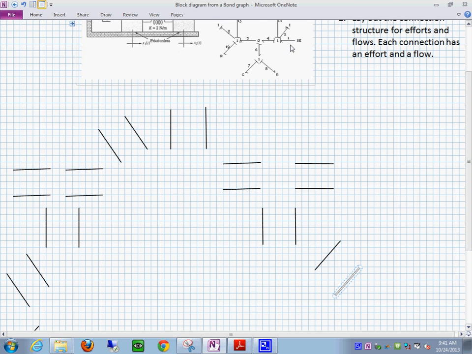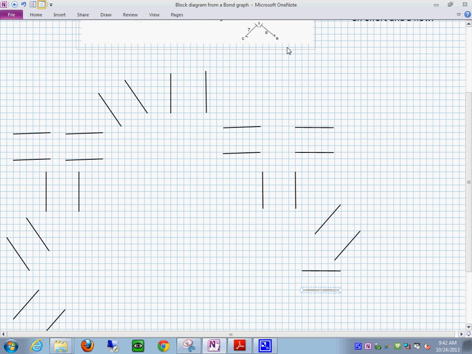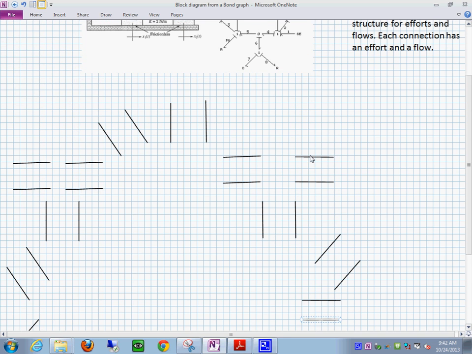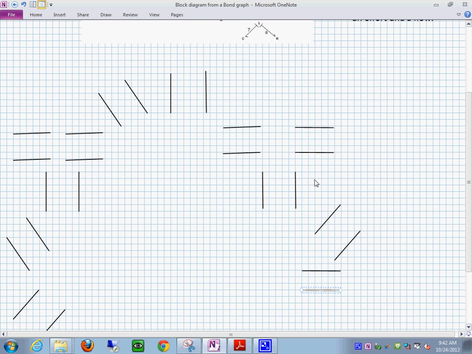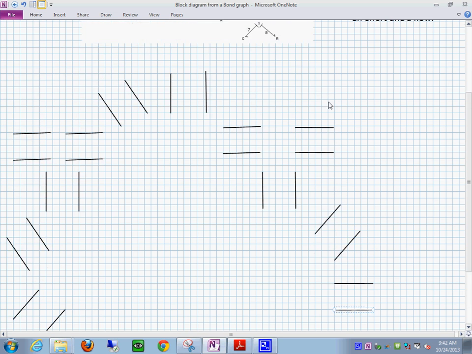So we need this kind right here to be put over here, and we put those two signals for this in here. I think we need to separate it a little bit more like that, so that we give plenty of space for the connections.